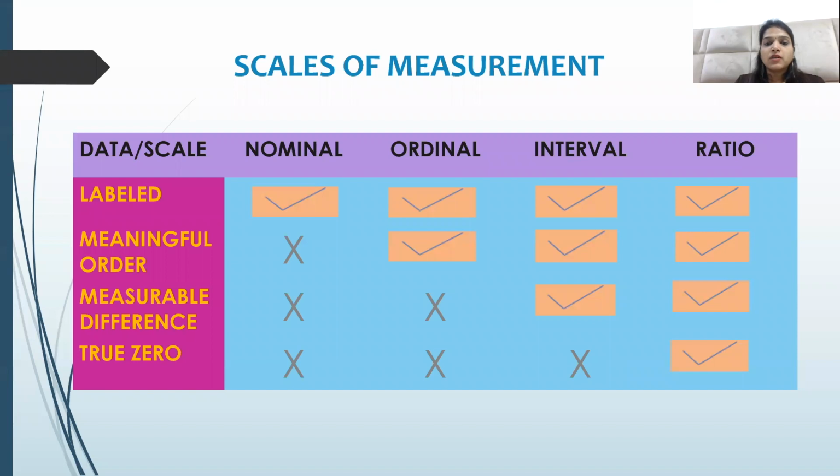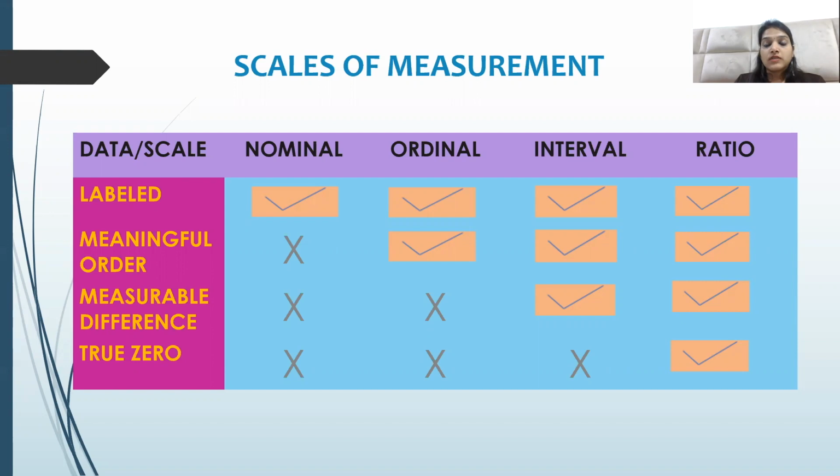Here I have presented all the four levels of measurement in a single picture. In nominal, I can label, I cannot order, I cannot measure the difference and it does not have a true zero. Whereas in ordinal, I can label, I can set some meaningful order, but it does not capture the difference and true zero.